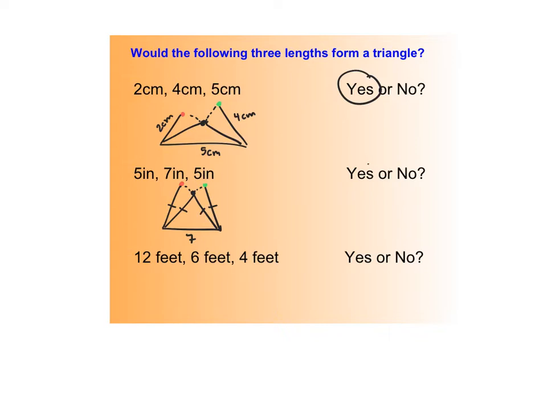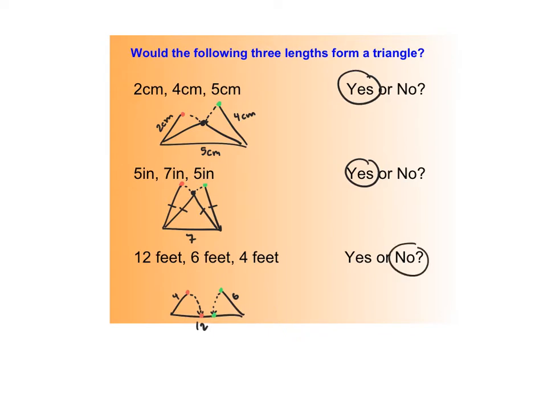It's interesting. So yes, I could form a triangle out of that. The third example, 12, I would have a 6, and let's go 4 here. Let's go 6 here. We would have issues, right? As I drop these 2 side lengths down, my red point would end up there, and my green point there. So of course I can't form a triangle there.